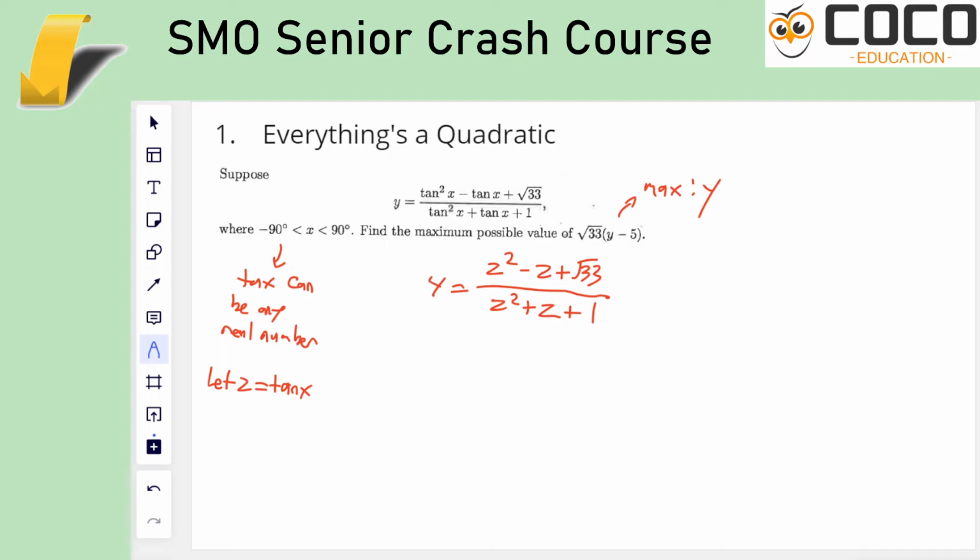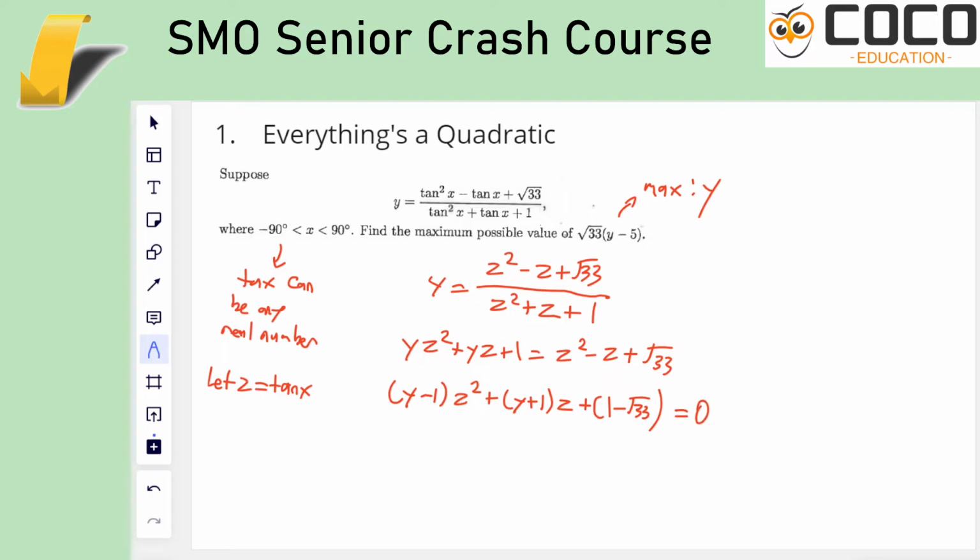The easiest way is a quadratic, so multiply it over, write it as a quadratic in z, where, of course, you're meant to treat y as just a coefficient. And then after that, you want to make sure that for your choice of y, z must exist.